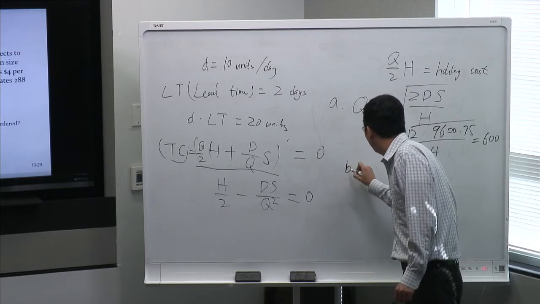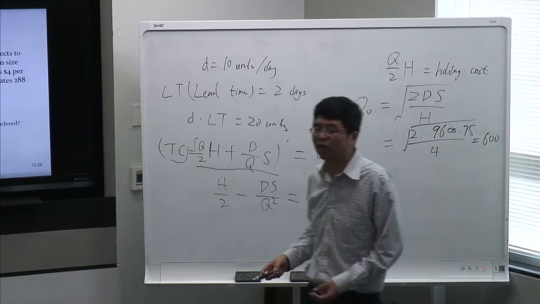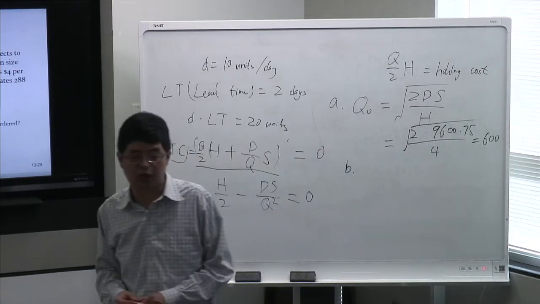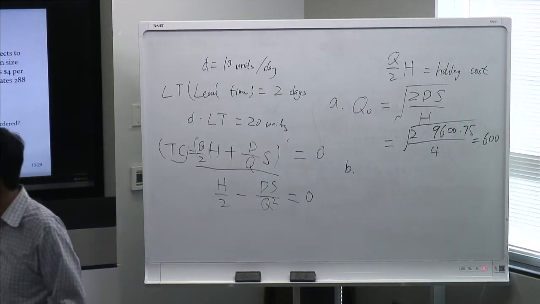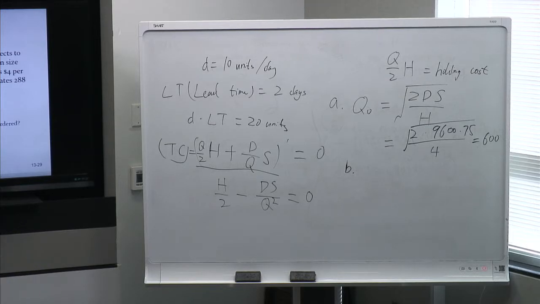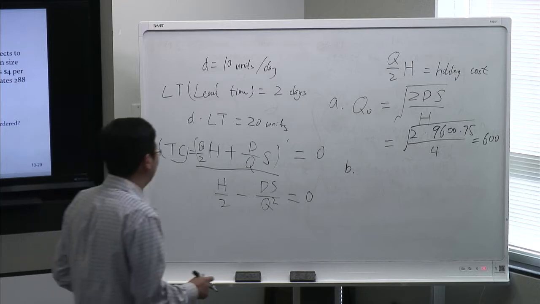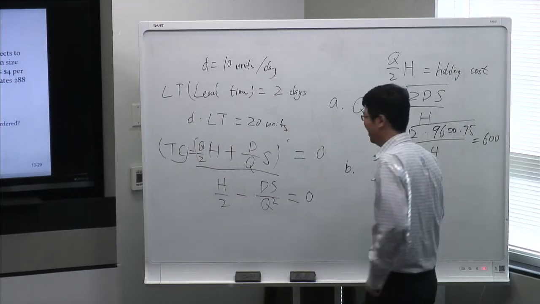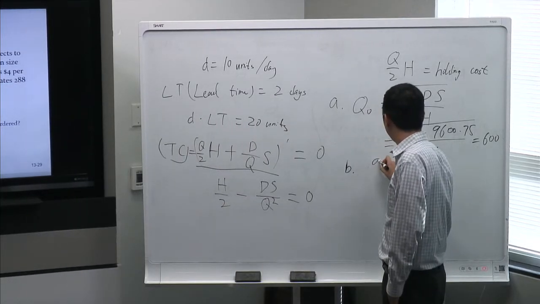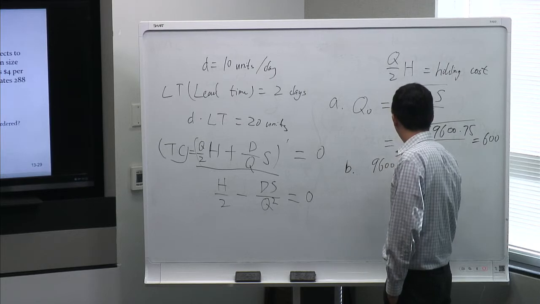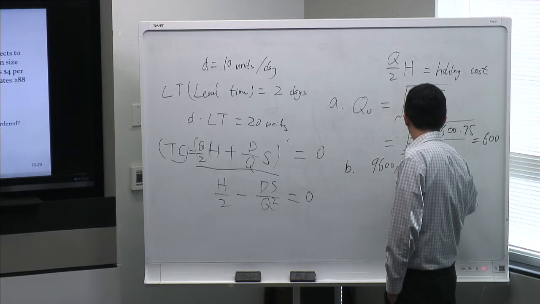Okay, B, a little bit tricky, but takes some time. Many students have also figured out how to calculate that. How many orders per year? 9,600 divided by 600, equal to 16, right?